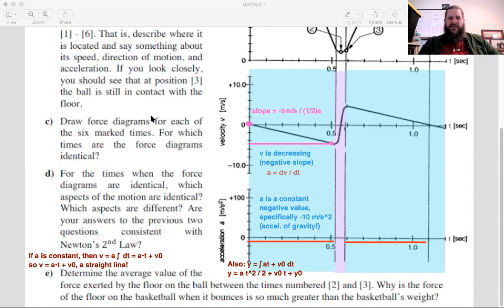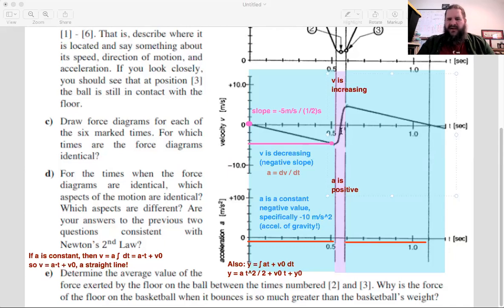So during this short period of time, the velocity is increasing. In other words, it has positive slope. The velocity is an increasing value, therefore a positive slope. So the acceleration has a positive value because the slope of velocity tells you the value of acceleration.